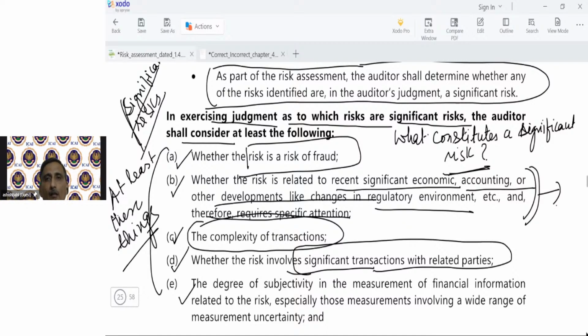So what you can do, you select the questions which relate to these 4 chapters. Okay, and try your hand. You need not write per se.